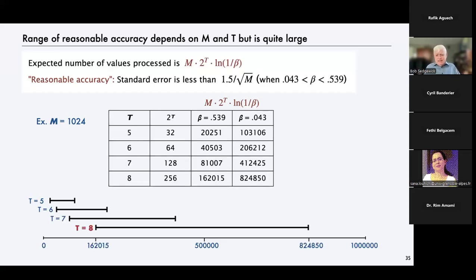So for 8, if you have a million values, your range where you're going to get a reasonable estimate is really large, and so that gives us something to work with.